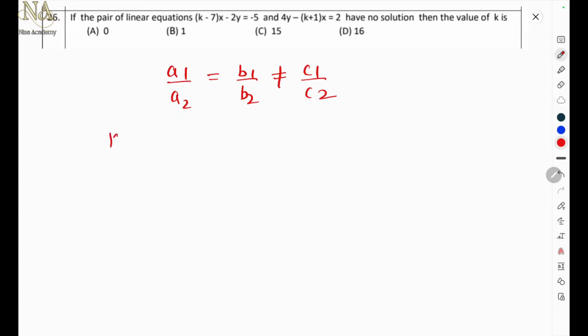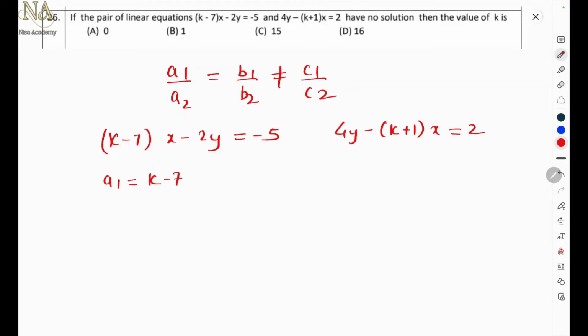So let's just write the equations: (k minus 7)x minus 2y equal to minus 5, and 4y minus (k plus 1)x equal to 2. So A1 is k minus 7, B1 is minus 2, C1 is minus 5.